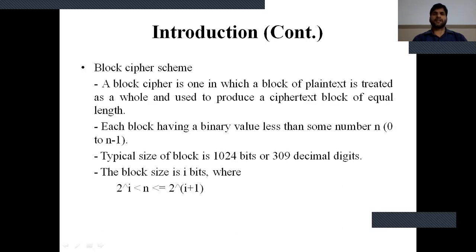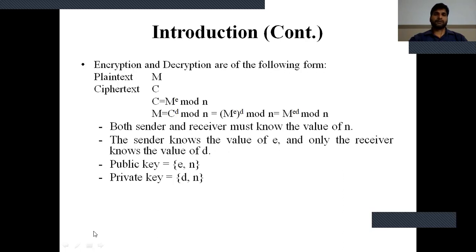The typical size of a block is 1024 bits or 309 decimal digits, and if the block size is i bits, then 2 to the power i is less than or equal to n, which is less than 2 to the power i plus 1. So we can also encrypt the message in a block cipher scheme using the whole block.